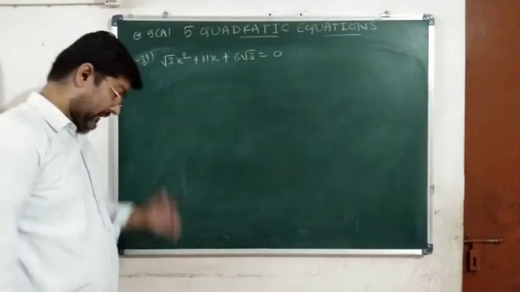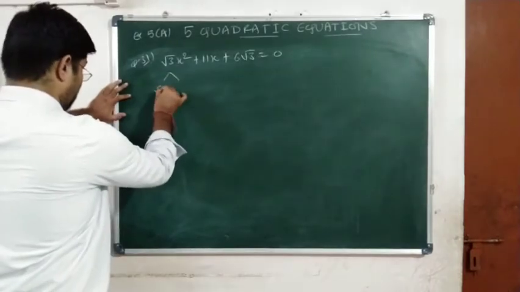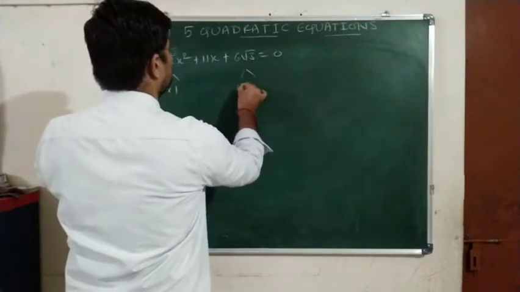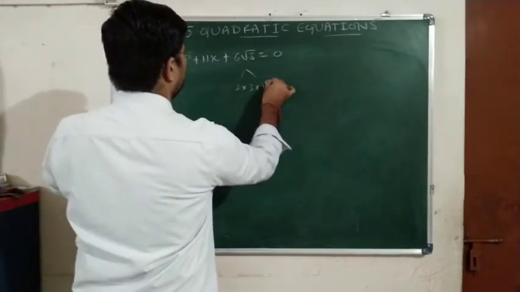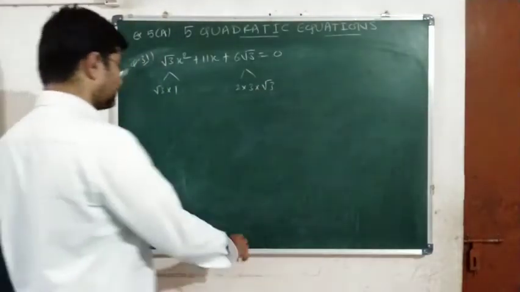Okay, now we have to factorize. Now this can be written as root 3 into 1, and here you can write this as 2 into 3 into root 3. Okay, now let us make pairs.